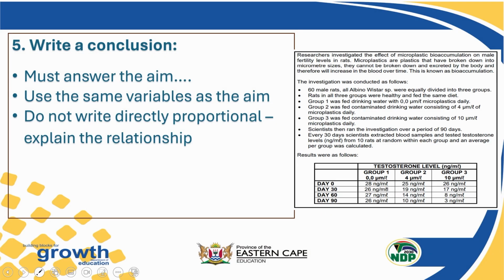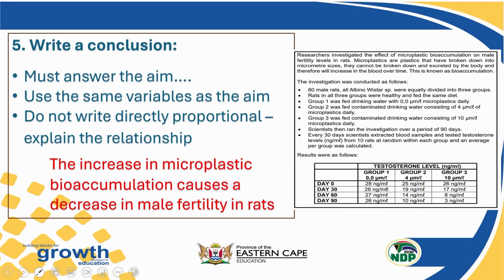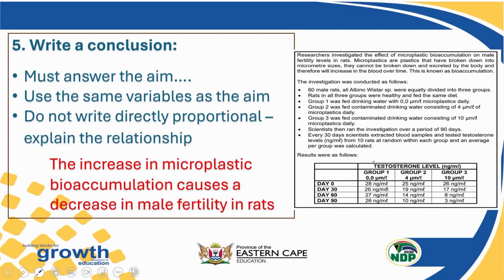So let's look at this paper, the trial paper from 2024. Okay, in this paper, remember that my independent variable was microplastic bioaccumulation, and my dependent variable was male fertility in rats. Now, I saw from my table that as the microplastic bioaccumulation increased, the testosterone level decreased. So how does this affect male fertility?